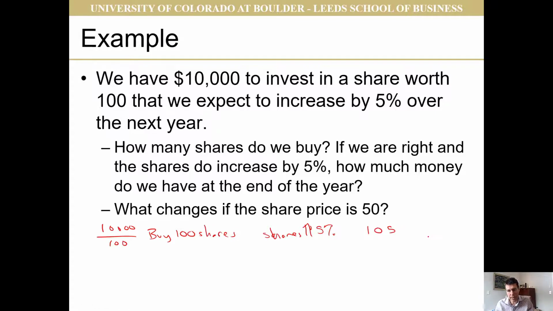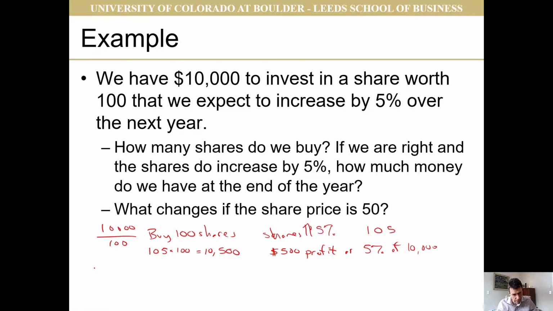We have 100 of those, and so we have 105 times 100, or $10,500. We have made $500 profit, or 5% of $10,000.